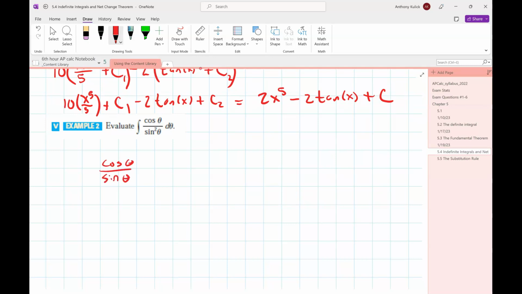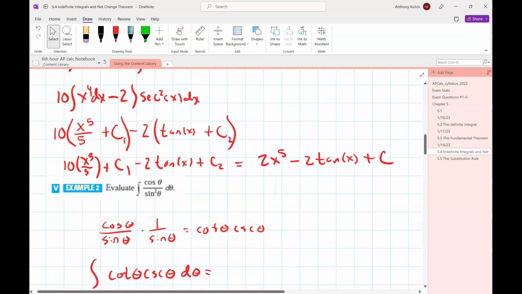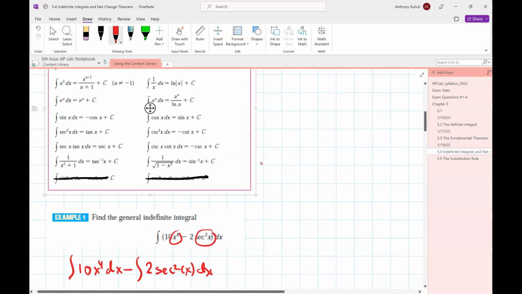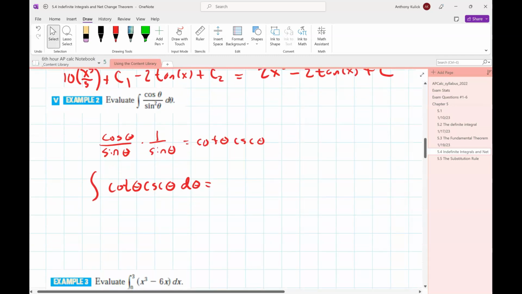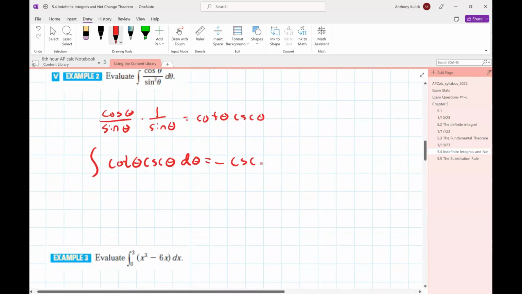He said, if I think about it this way, this is really the same thing as cotangent times cosecant. And that is on my antiderivative list. If I look for that, it is negative cosecant, and then I, of course, have the plus C stuck at the end.